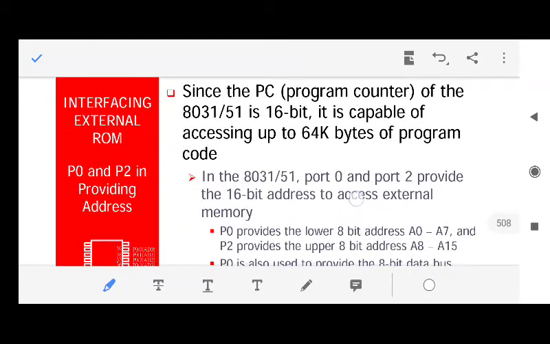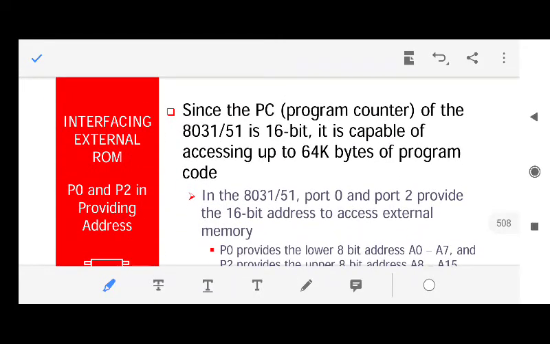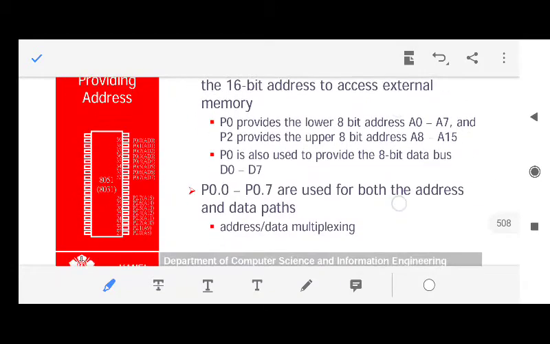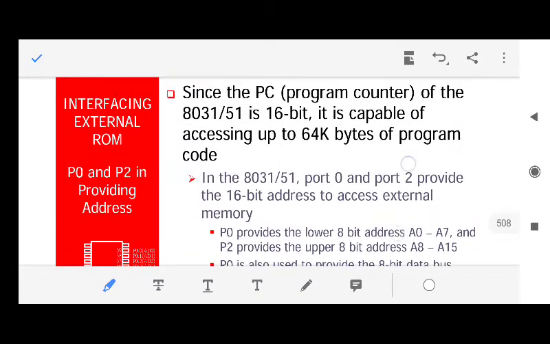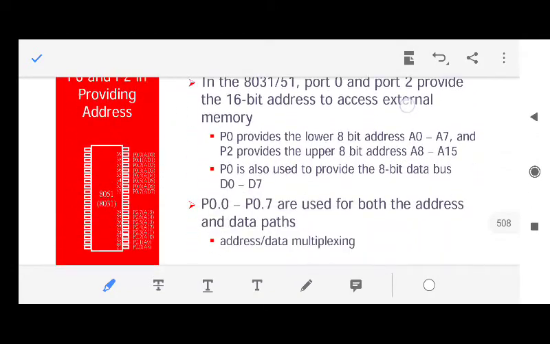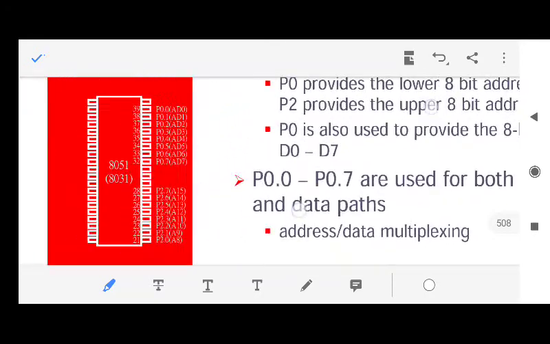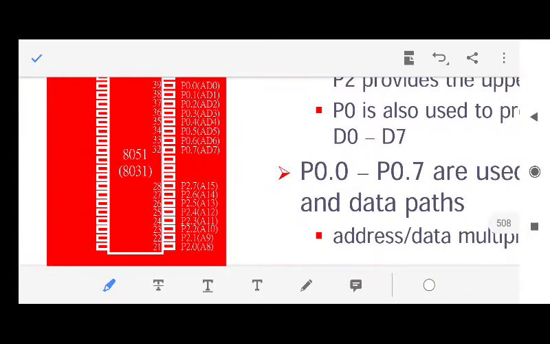Now let's move forward. Now connecting the external memory. What happens when you connect the external memory? The address lines, I have already explained this.